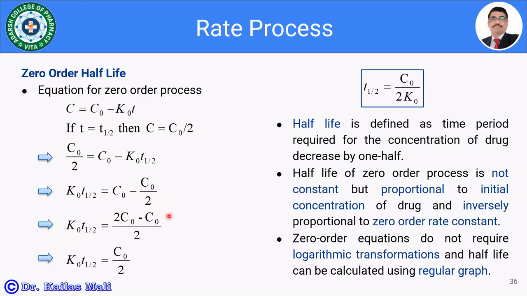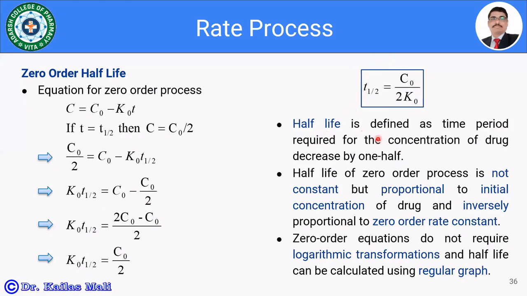Again rearranging, K0 T half is equal to C0 by 2. So the final equation which we get for the zero order half-life is T half equal to C0 upon 2K0. This is the equation used to calculate the half-life of the zero order process.